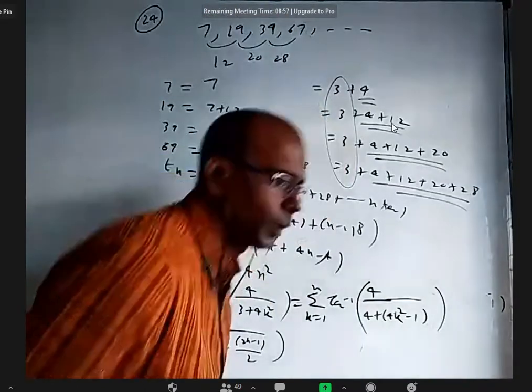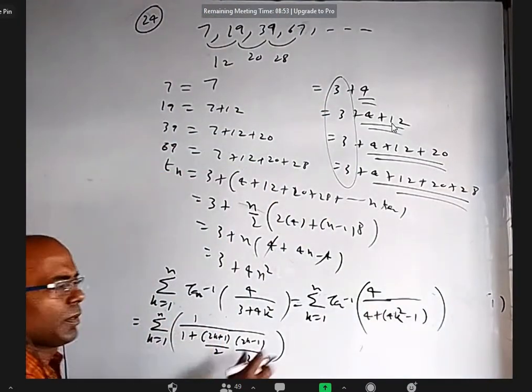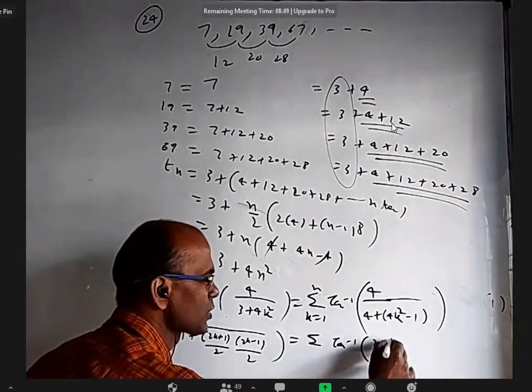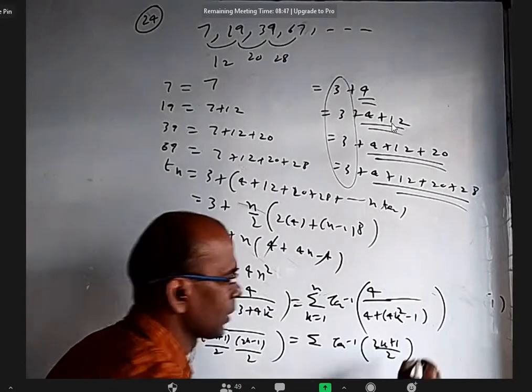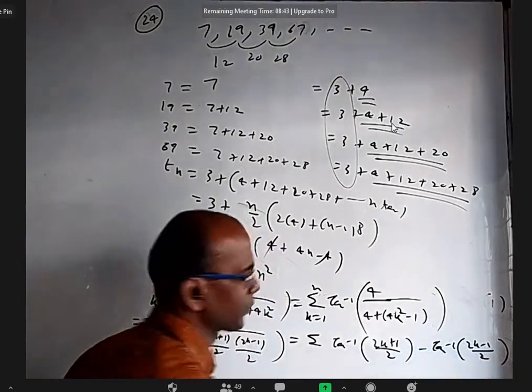Now the difference of these two is exactly this one. It will be like x minus y by 1 plus xy only. It will be sigma tan inverse (2k plus 1 by 2) minus tan inverse (2k minus 1 by 2).